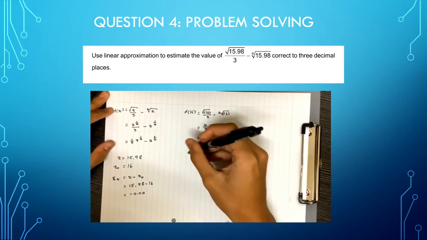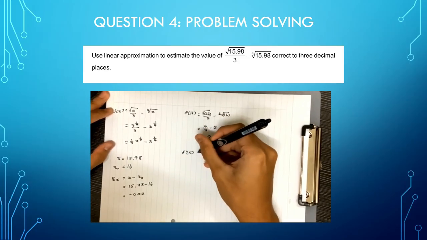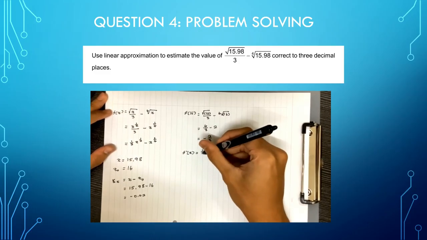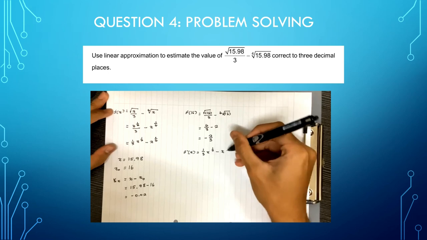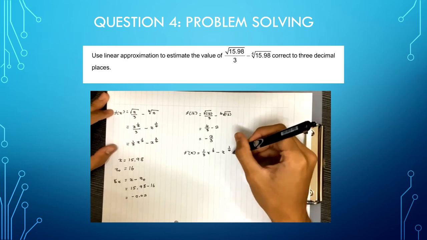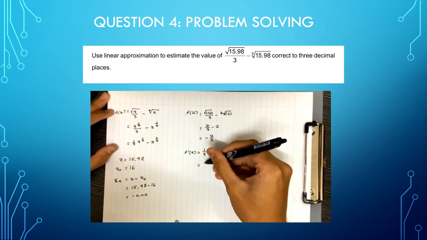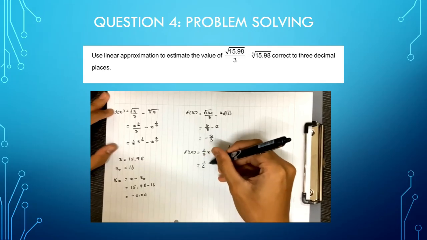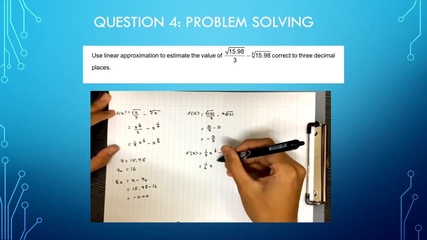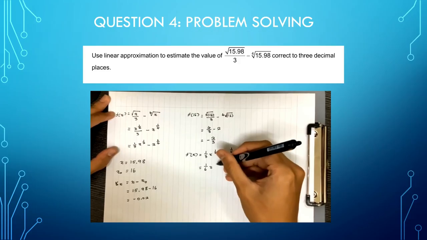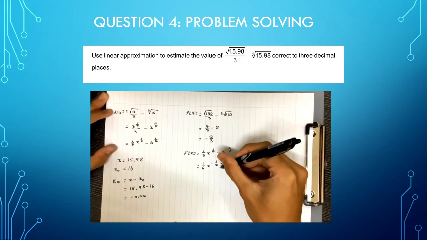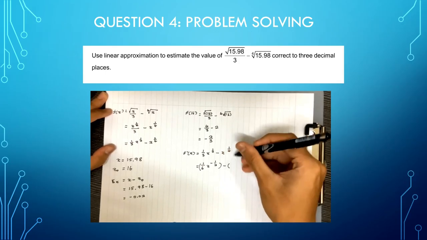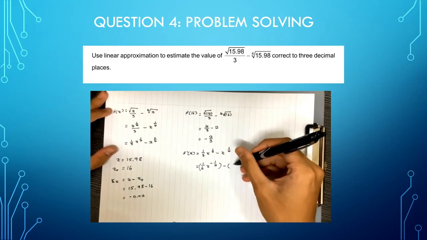Next, we have to differentiate. So we have 1 over 3 x to the power of 1 over 2 minus x to the power of 1 over 4. This we have to differentiate, and then we get 1 over 6 x to the power of 1 over 2, we have to minus 1, so we get power minus 1 over 2, minus, and this we bring forward the power.